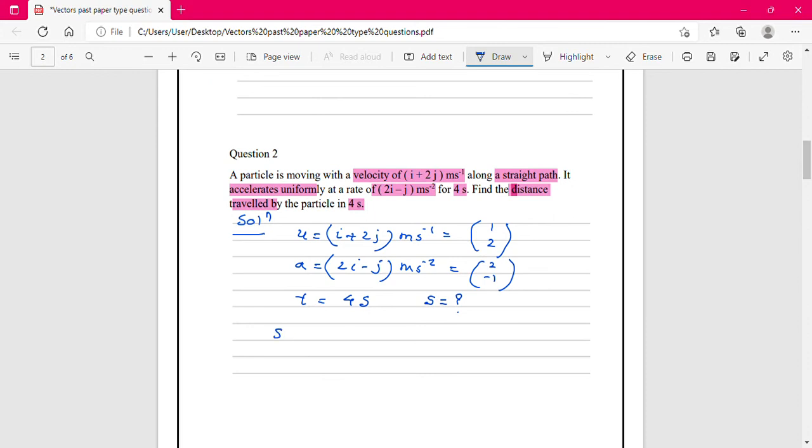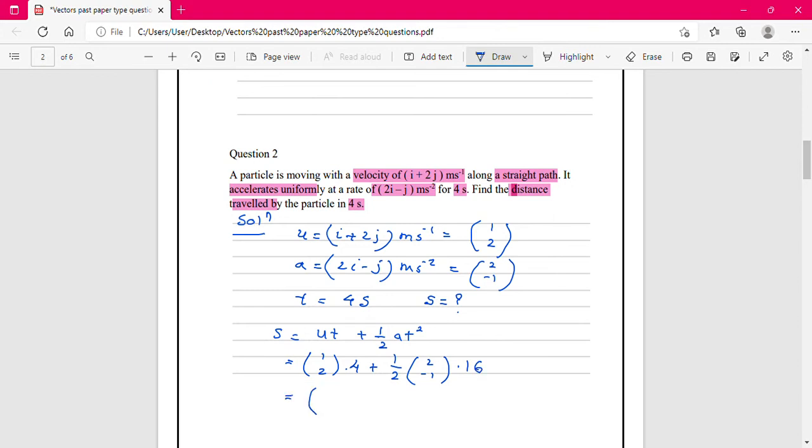So s = ut + half at squared. ut, that is (1, 2) into 4, plus half times (2, -1) into t squared. 4 squared is 16.